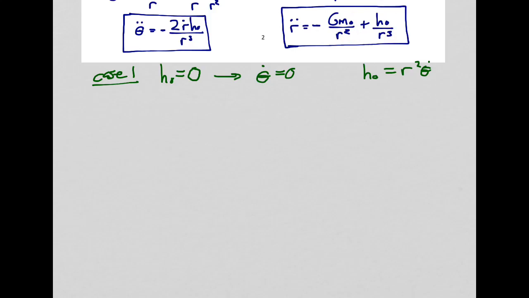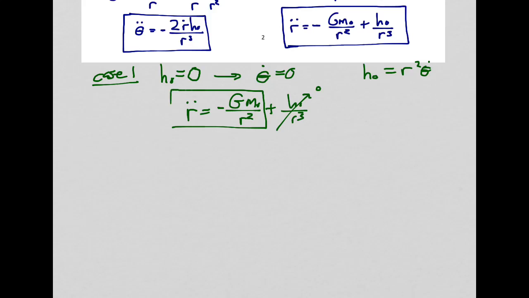But if theta dot is equal to 0 and our specific magnitude is equal to 0, then r double dot is equal to negative G m_O divided by r squared. And if all this is equal to 0, then that term is equal to 0. So now the equation of motion for the r coordinate is simply equal to this term that includes our gravitational constant, our mass, and is dependent upon r squared.